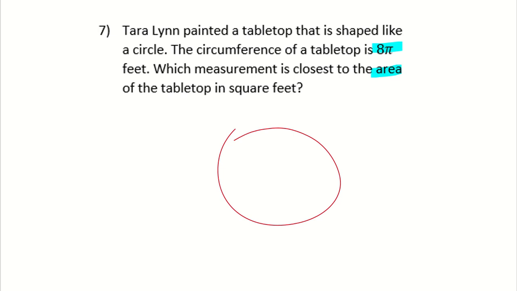Let's backtrack. Let's go back to this sentence right here. The circumference of the tabletop is 8 pi. Remember that old circumference formula, right? Which was pi times diameter. Well, here they're telling us that the circumference is 8 pi.